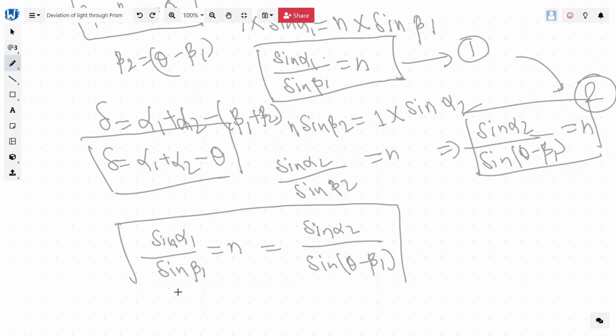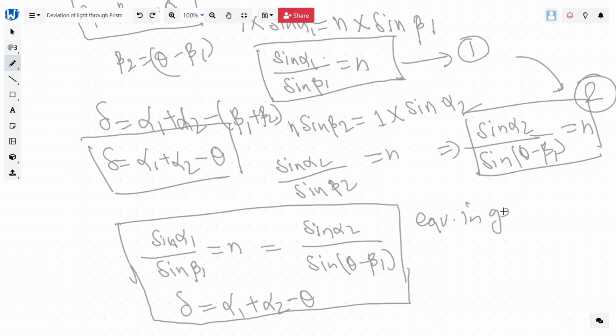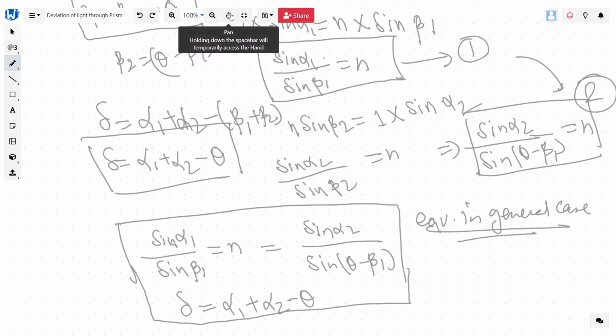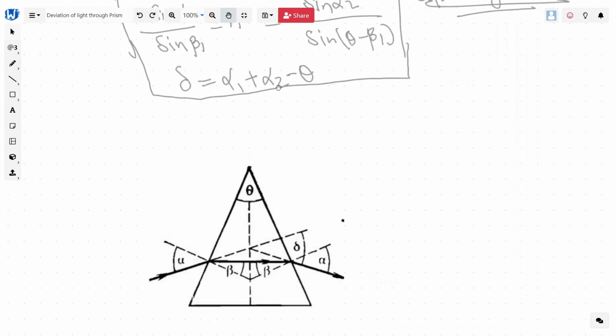And the deviation delta of the ray is nothing but alpha 1 plus alpha 2 minus theta. So this is the equation in general case. So now if we know alpha 1 and alpha 2, we can find the deviation, and we can relate all these things through Snell's law.